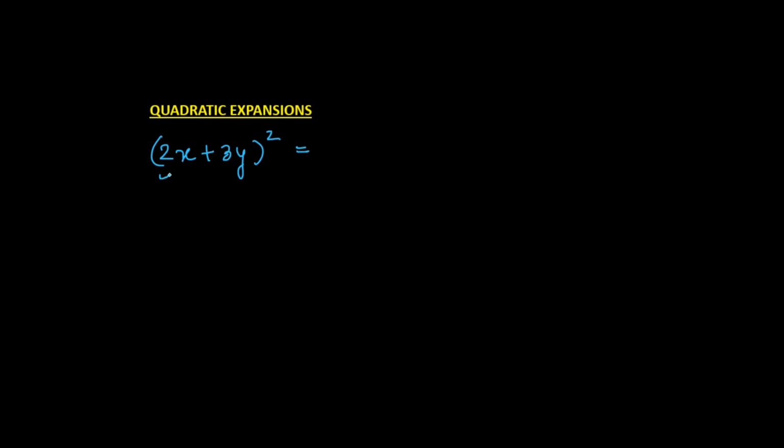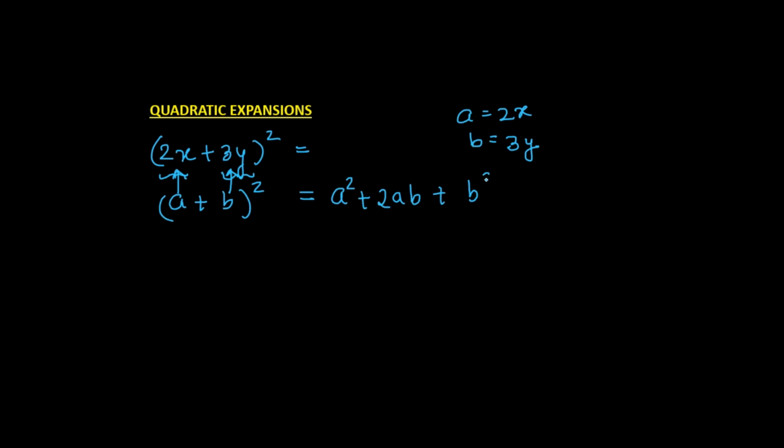We know that it is something plus something whole square, and we have learned the identity (a plus b) whole square. If we compare, then we can say that a is 2x and b is 3y. So let us take a as 2x and b as 3y. Correct? Let us write down our identity, a square plus 2 times ab plus b square.